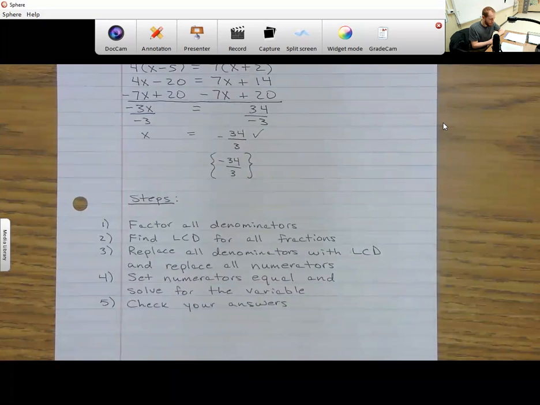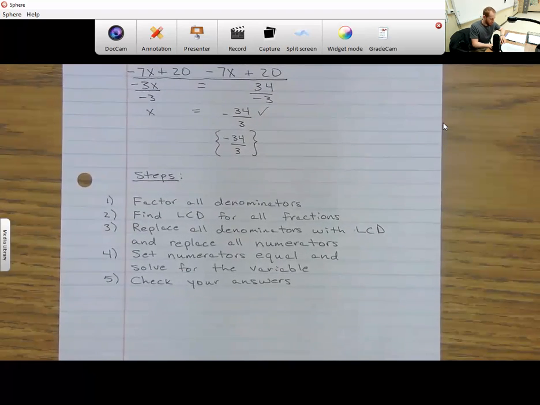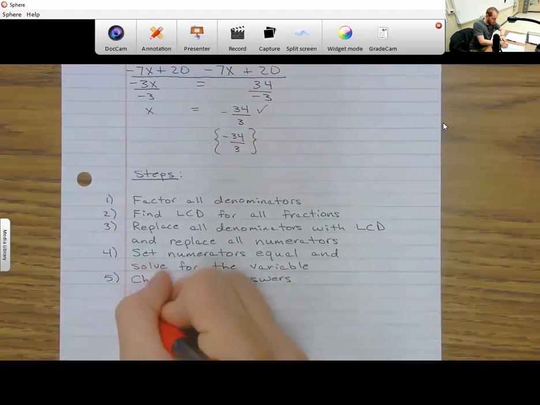Now, when you're solving for this variable, which is usually x, what you might find out is that all the x's just kind of go away. In that case, you might end up with a special type of solution. So here are the special types.